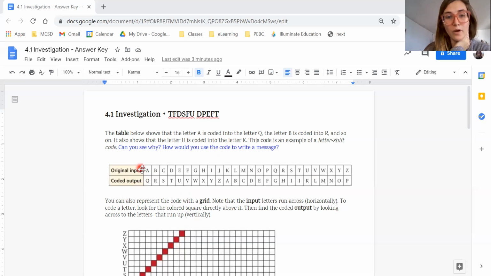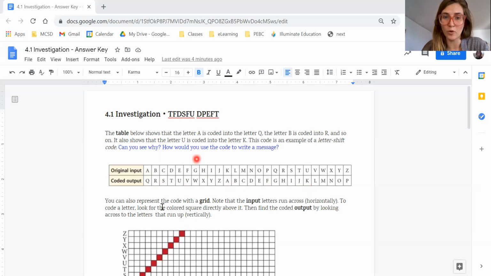So I'm going to put in an A, and then the code changes that into Q. The letter B is coded into R, C into S, D into T, and so on, U into K, all the way down to Z. And they say it's a letter shift code. What they're saying is, you can see here in this second row, that it's still in alphabetical order, but it just starts at Q. So I have Q, R, S, T, U, V, W, X, Y, Z, A, B, C, D, and so on. So what this coded output did was it just shifted the alphabet over, okay?